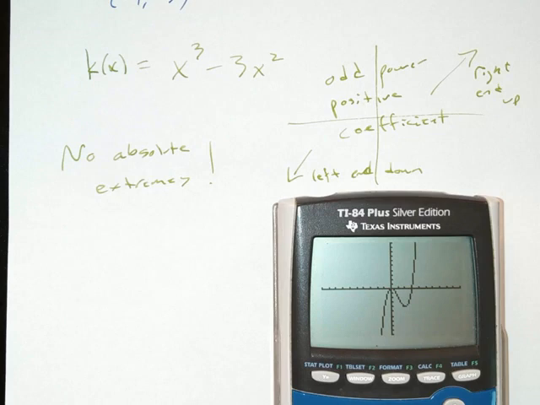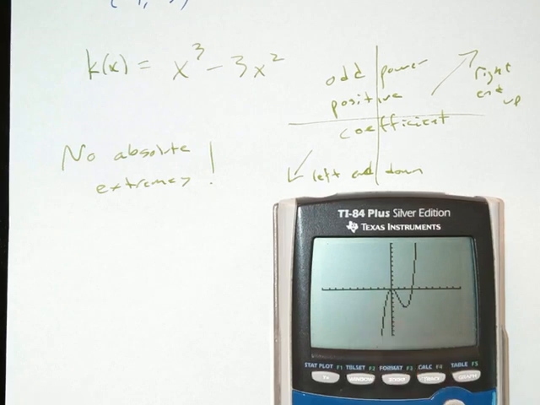I see the right edge continuing to go up. As we go off to the right, we keep going up. That matches the end behavior we came up with. And I see some wiggles in the middle. And it looks to me like I've got one local maximum and one local minimum. I just don't know what they are.